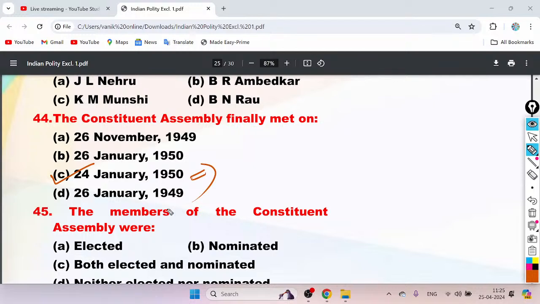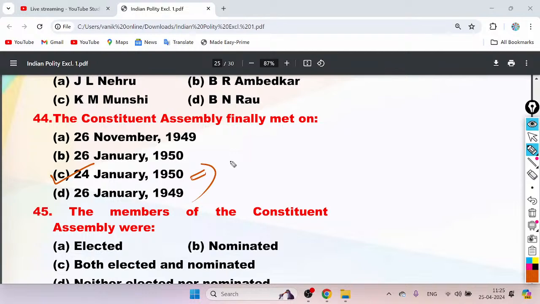And 26th January 1950, which was a Thursday, considered to be the most auspicious day in a week, and India began its journey of being a republic from the auspicious day, that is Thursday, 26 January 1950.